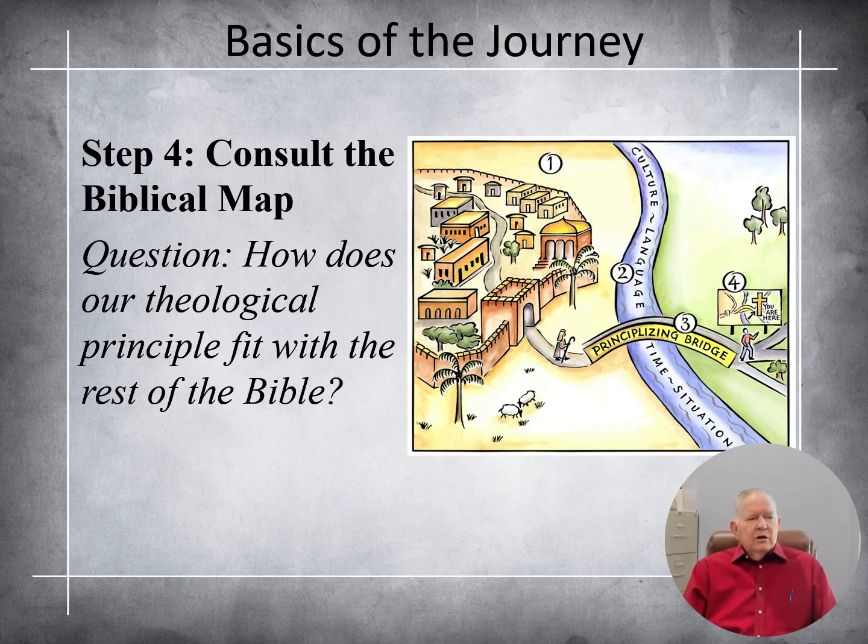We should not cause a conflict in the Bible by our misunderstanding. And by the way, that happens repeatedly. And it's easy to fall into that trap. So be sure that it fits with the rest of the Bible.